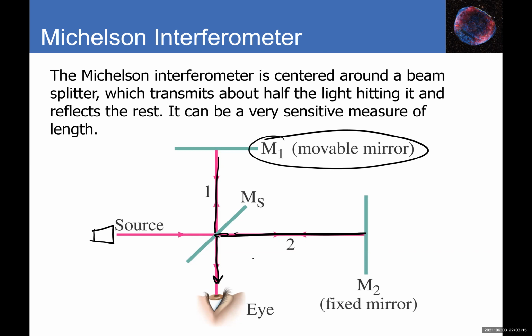One thing we can have here is, because of that movable mirror, half the time we will see constructive interference, the other time destructive interference, depending on the position of that movable mirror. And then it allows us to get a precise measurement of the length. Again, this is something that we don't really look at in great detail, but it is an interesting application.